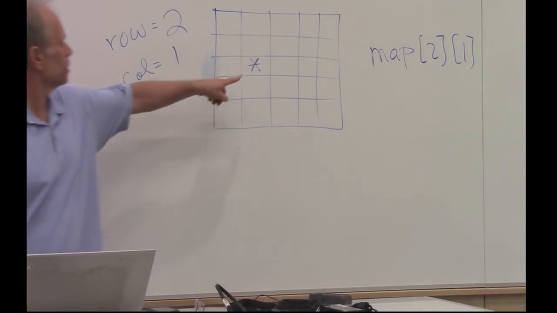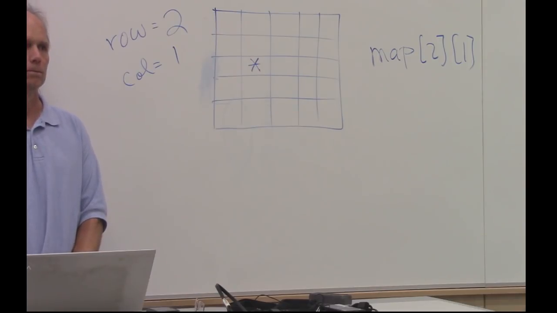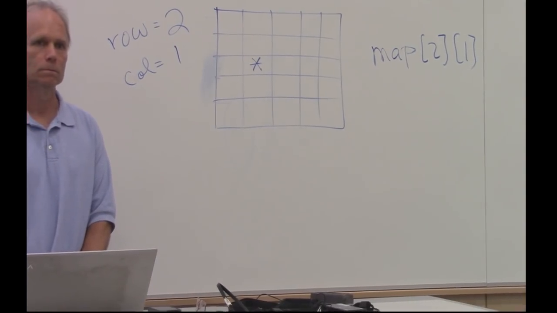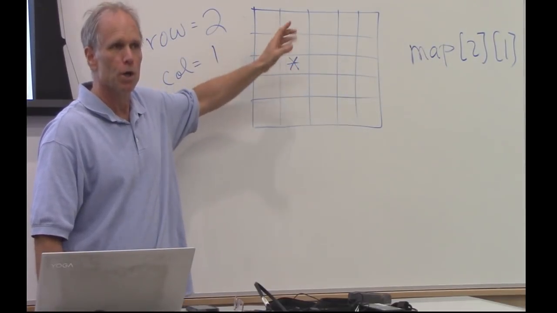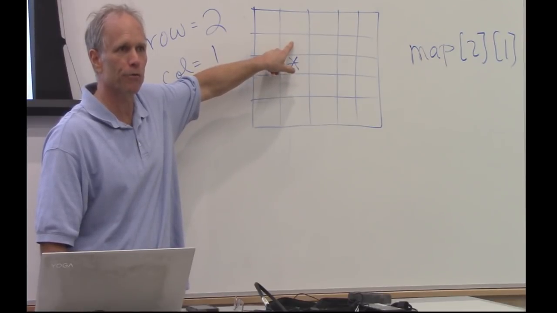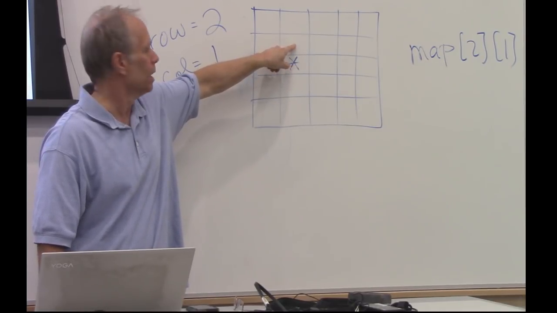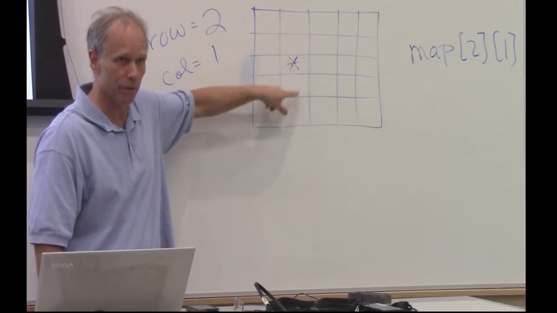How would you compute the coordinates of the cell above that? Same column, right? The row is one smaller. So if you're somewhere in the array and you want to go up, you subtract 1 from the row and leave the column the same. What if you want to go down? Add 1 to the row, leave the column the same.